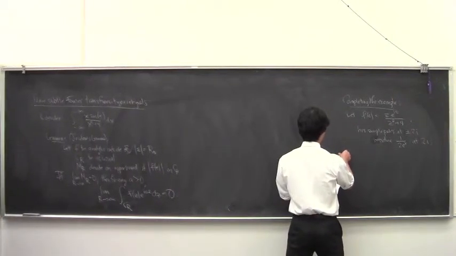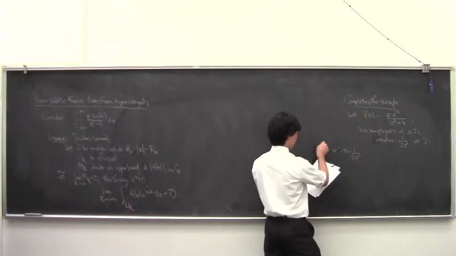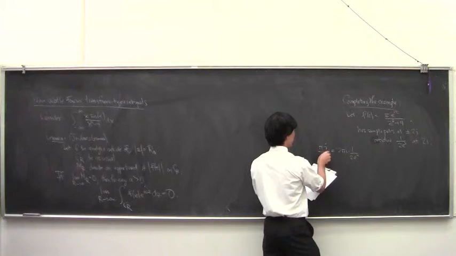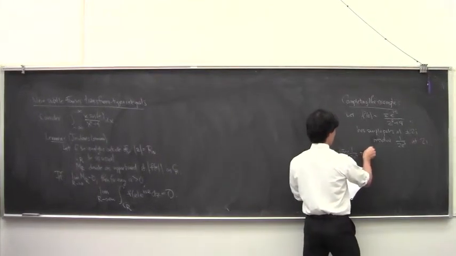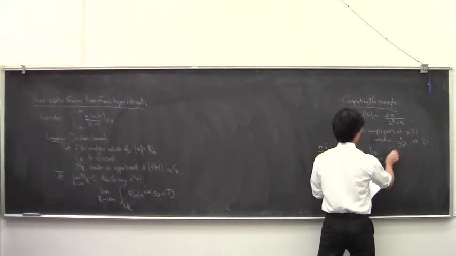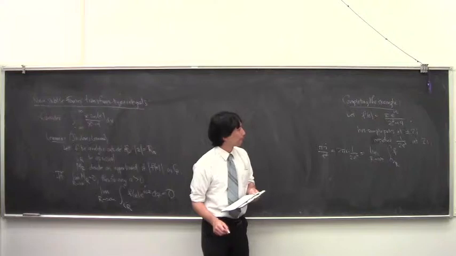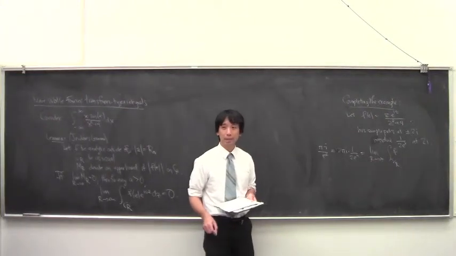So what that gives us is that 2 pi i times 1 over 2e squared, that's to say pi i over e squared, equals the limit as R goes to infinity of the integral of f over gamma sub R. Right?